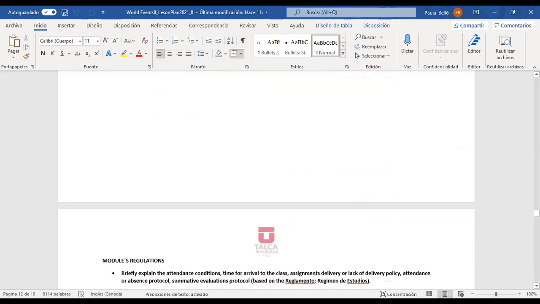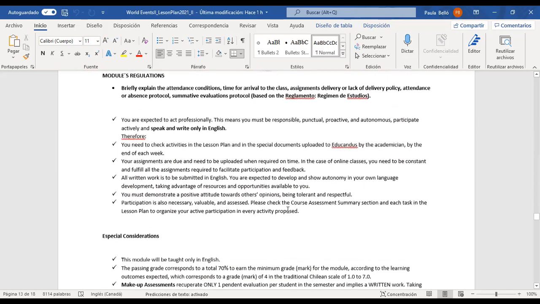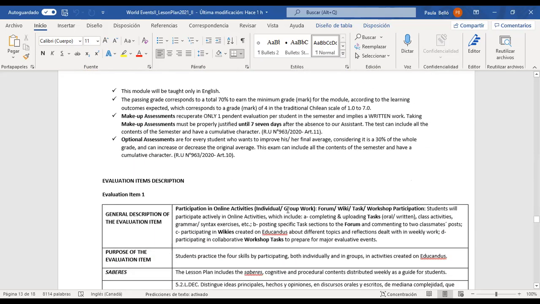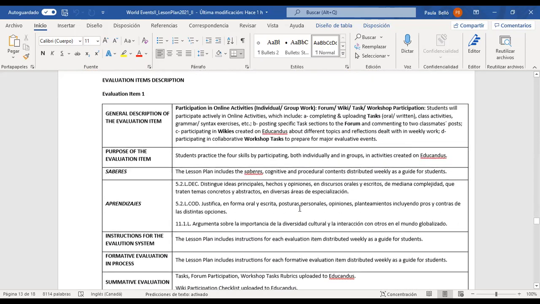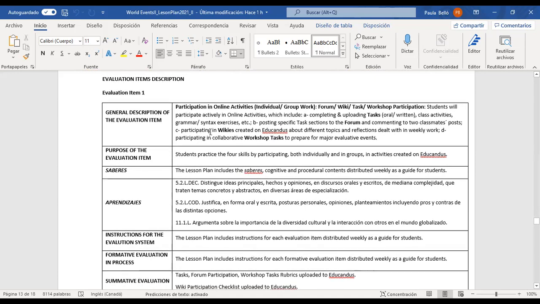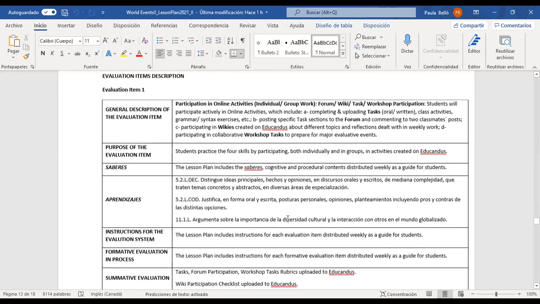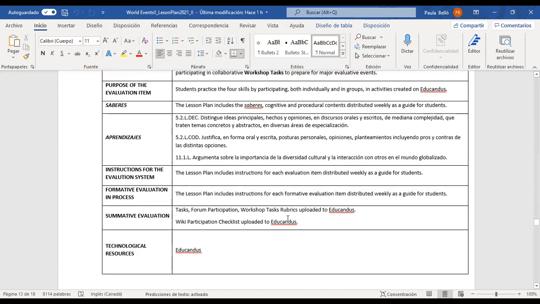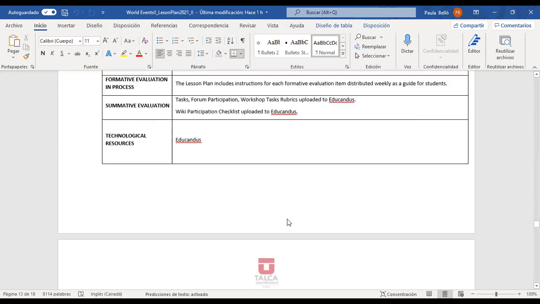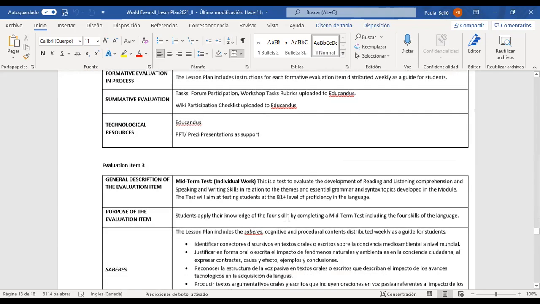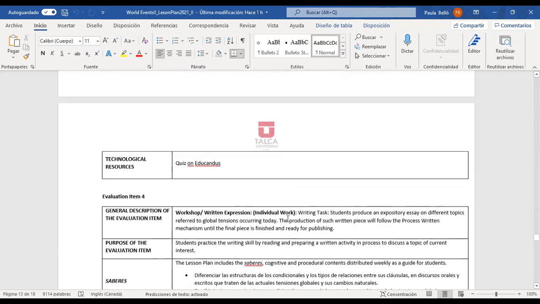Okay, then you have more regulations and considerations, and this evaluation items description was a new decision of the Núcleo Académico, just to clarify elements of the evaluation. But you already have lots of clarification in the lesson plan, so this is just extra information for our accreditation process.